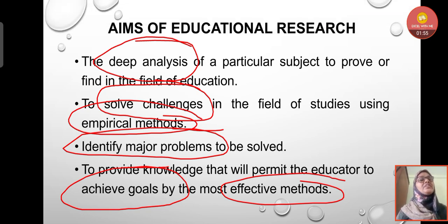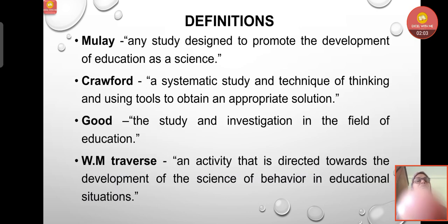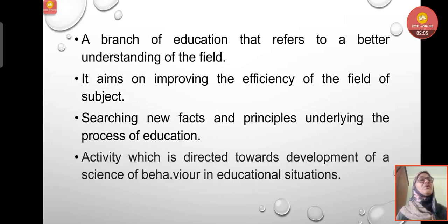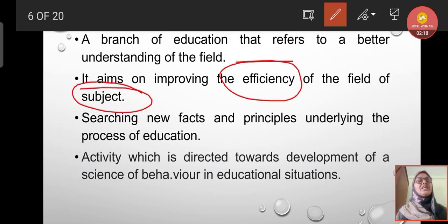Let's understand what are the other aims of educational research here. A branch of education that refers to a better understanding of the field. Obviously, when we are searching for knowledge, what are we searching for? To have a better understanding of the particular field. Now, it aims at improving the efficiency of the field, whatever subject we are taking.